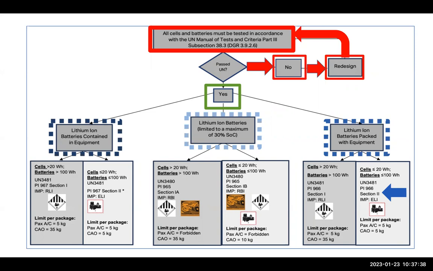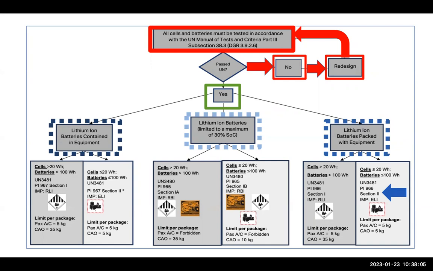We need a hazard label, and this is a class 9 lithium batteries hazard label. We need to observe the limit per package when it comes to quantity. For passenger aircraft, maximum is 5 kilograms, and for cargo aircraft only, maximum is 35 kilograms only.